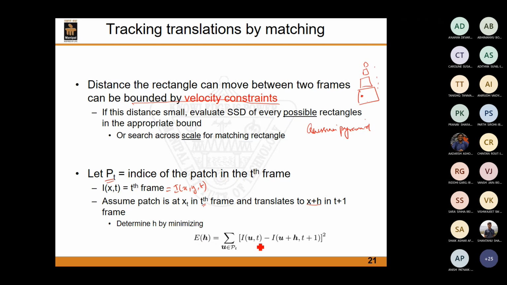The only thing is that the notations are different: here you have I(u, t), and here you have I(u plus h, t+1), because you have this translation vector, for the (t+1)-th frame. So you are considering two patches, one patch here and another patch within the neighborhood of the next frame, and we are trying to see how similar these two patches are. So we take the sum of squared distance over here.